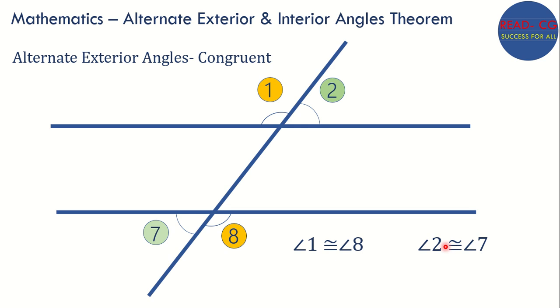I repeat, alternate exterior angles, angle 2 and angle 7, these two angles are congruent to each other.